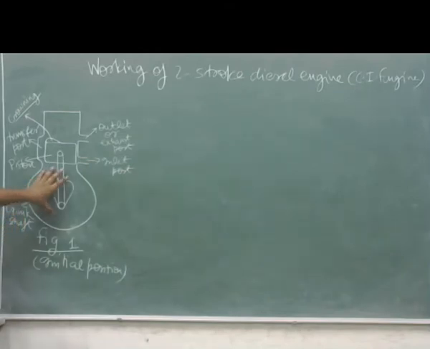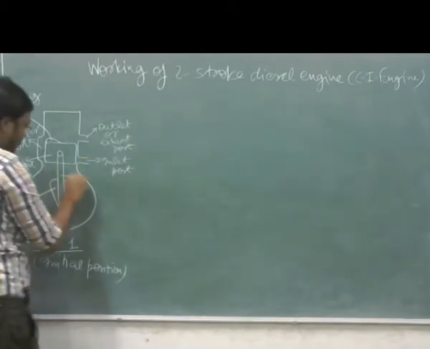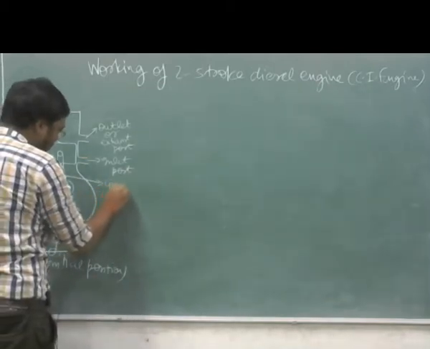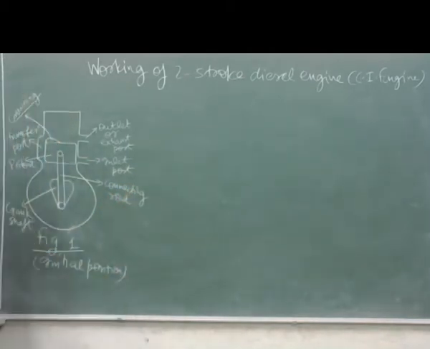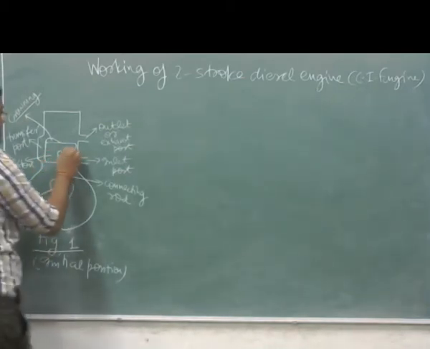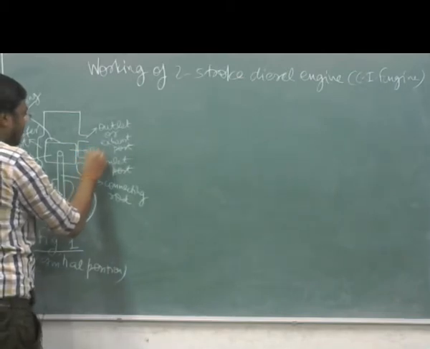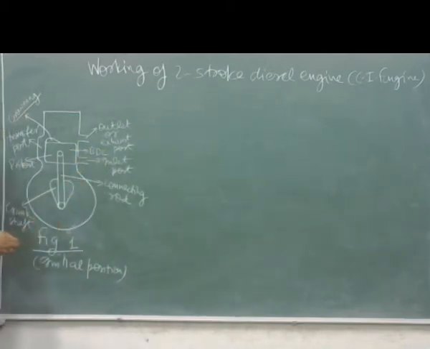This is the first diagram, that's why I am giving the nomenclature here. This is the crankshaft and this is the connecting rod. In this condition, the piston is at BDC, bottom dead center, and the crankshaft is also on the bottom side because the piston is at BDC. So this is the first diagram.